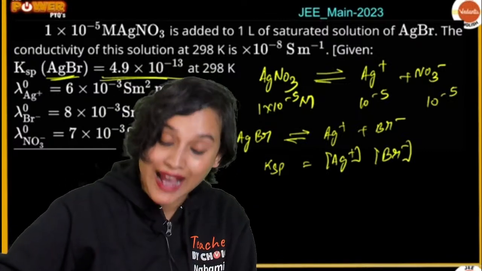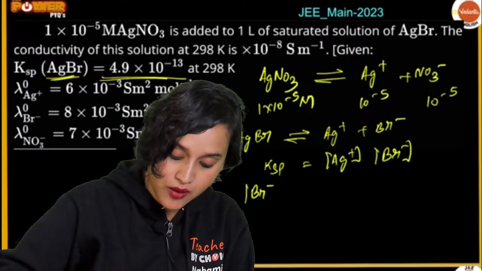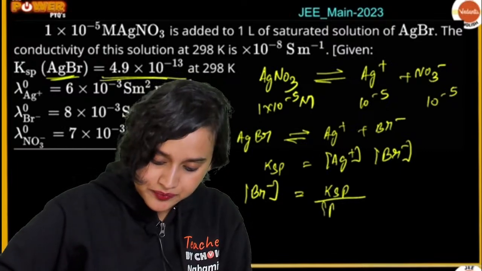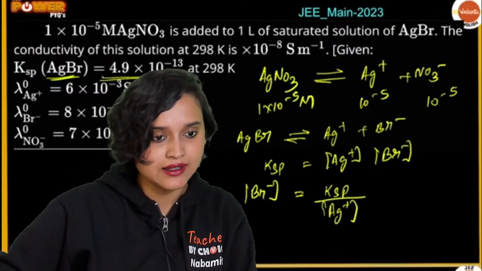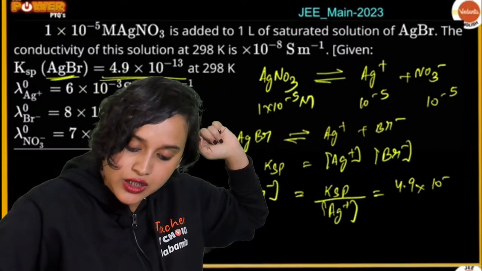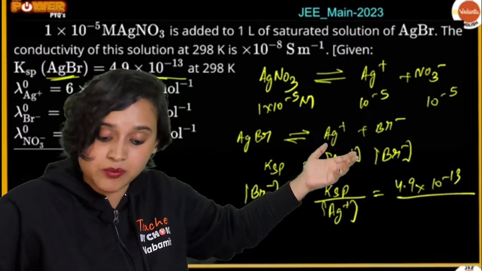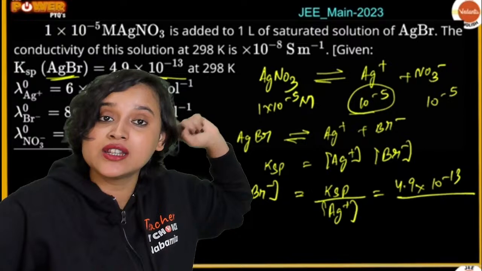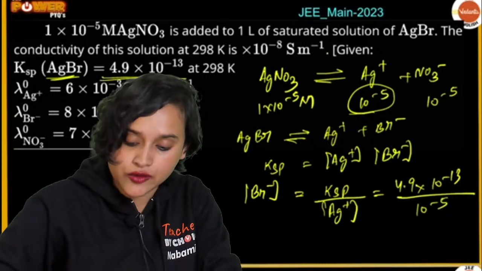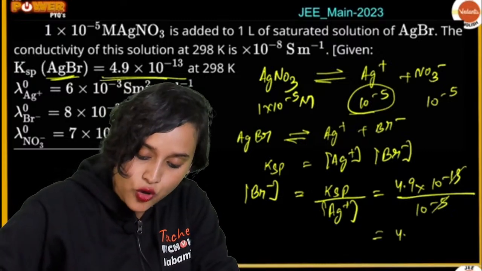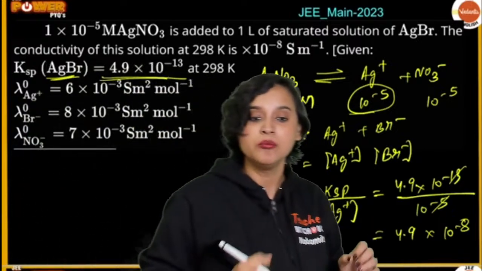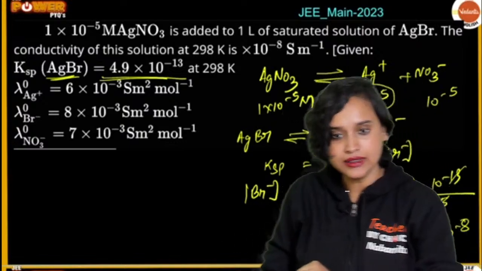So from this equation I can write Br minus is equal to KSP divided by Ag plus. KSP is 4.9 into 10 to the power minus 13 divided by Ag plus, which we just figured out is 10 to the power minus 5. This gets cancelled, so you will have 4.9 multiplied with 10 to the power minus 8, and that is for Br minus.